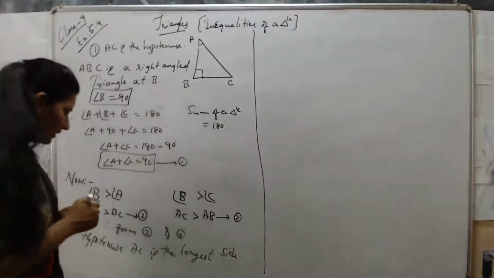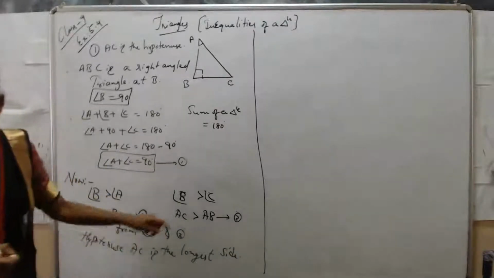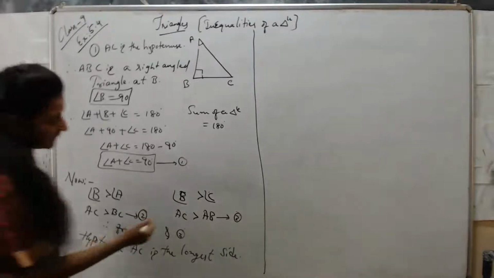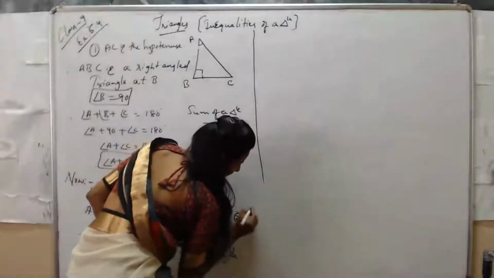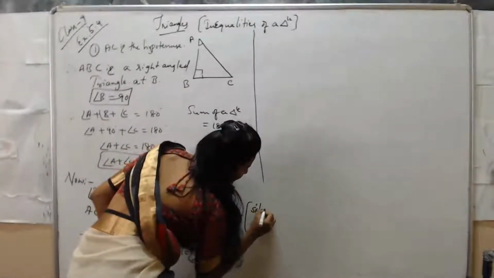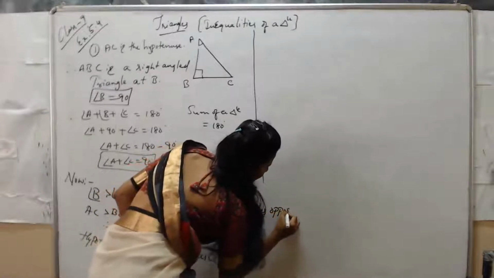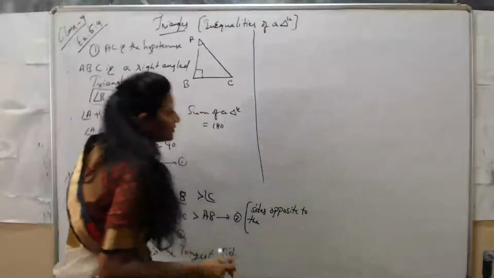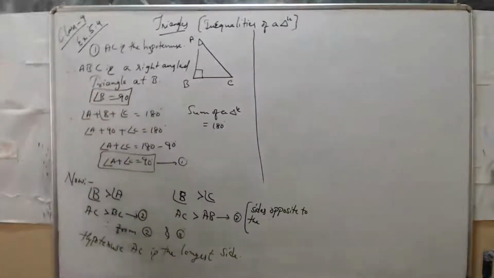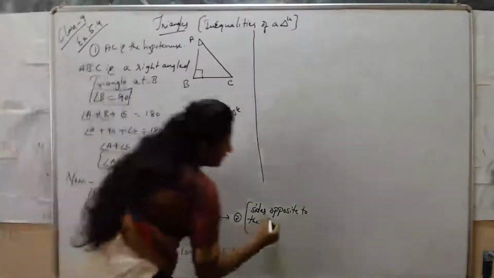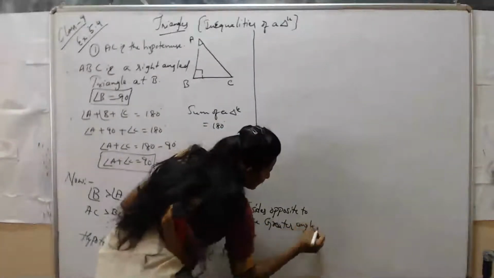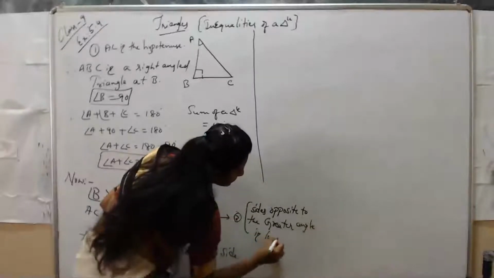See here, what we have done is this. Here, sides opposite to the greater angles are longer.